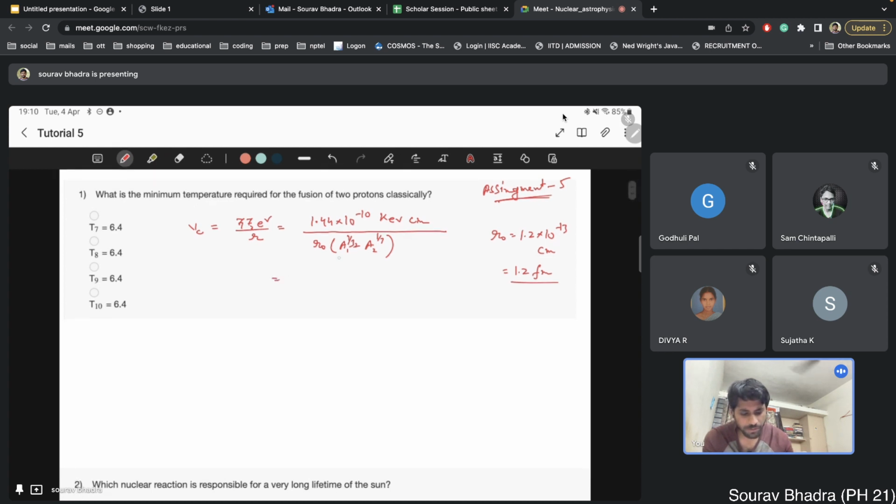This type of problem we have done several times, and again they are giving the same problems. It will give you 550 keV roughly.